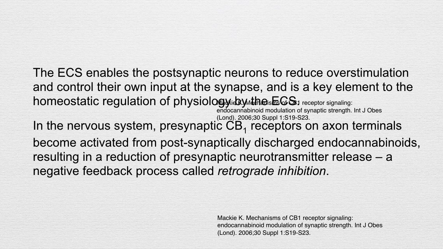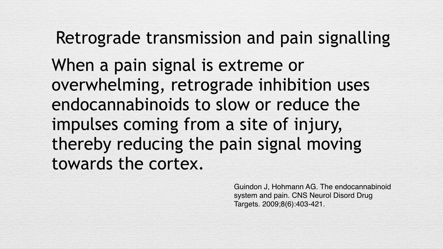The endocannabinoid system allows that communication to go both ways. This also happens with pain signaling, by the way. When a pain signal is very extreme or the pain is overwhelming, the nervous system can use retrograde inhibition to slow down that nerve impulse or to turn the volume of the nerve impulse down when it's coming from the site of an injury, and that reduces the pain signal as it's moving towards the brain.